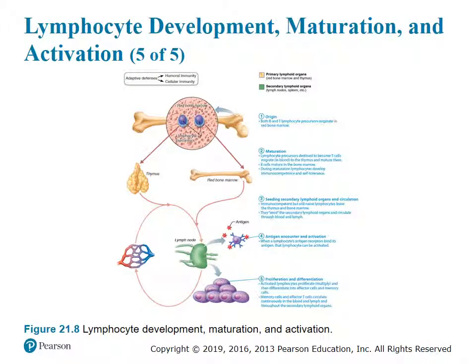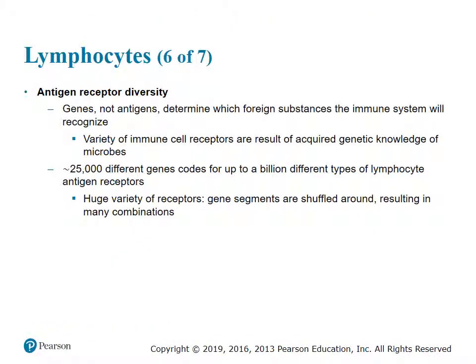This is what we see down here: these cells, when activated, become clones, and you can see there are now 7 in our example. Both B and T lymphocytes will produce clones when stimulated by an antigen. And again, it's antigen specific.